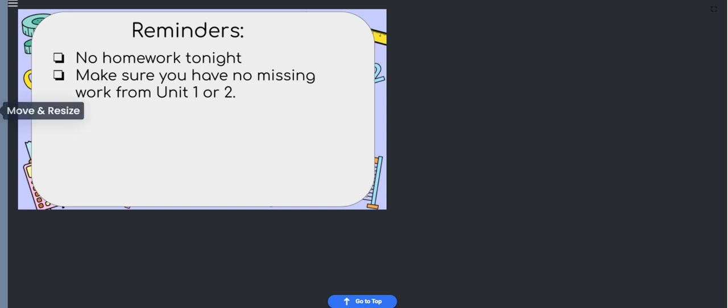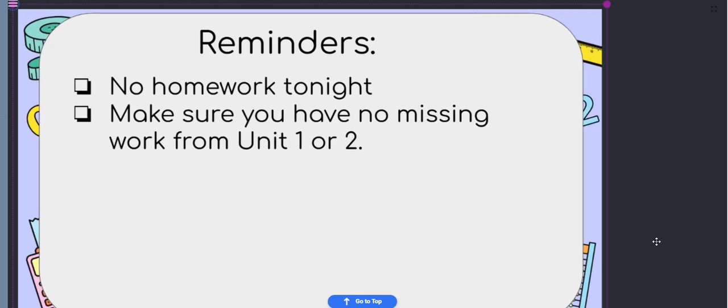So don't go anywhere yet because we do have an exit ticket, but we have some reminders. Today's class is a little bit short. There's no homework tonight, so tonight is another opportunity for you to get caught up on your missing work. Go to your actual grade book, everyone. Do not just rely on your calendar.